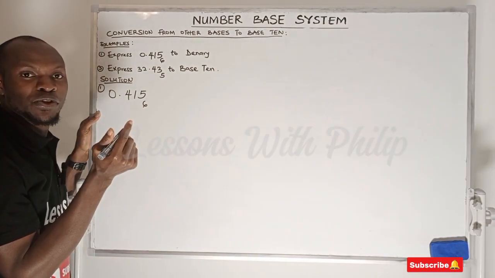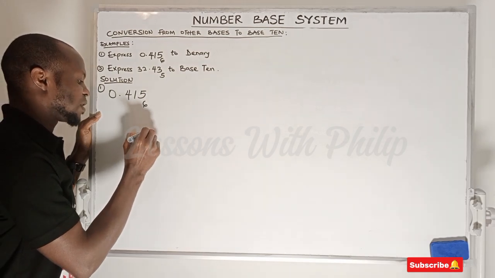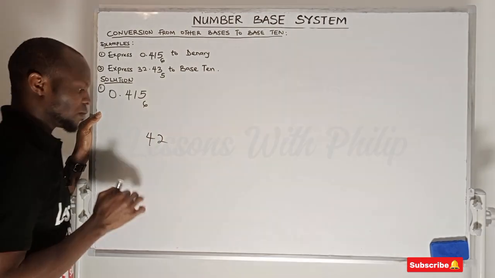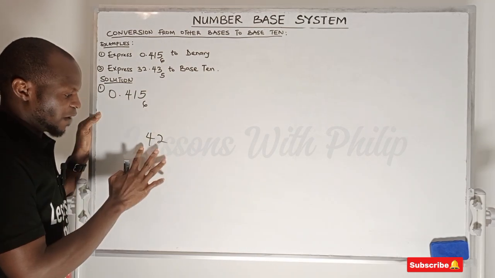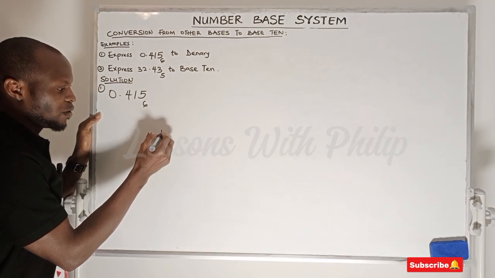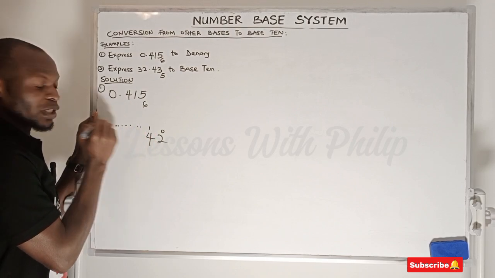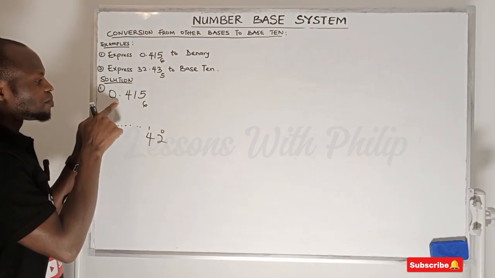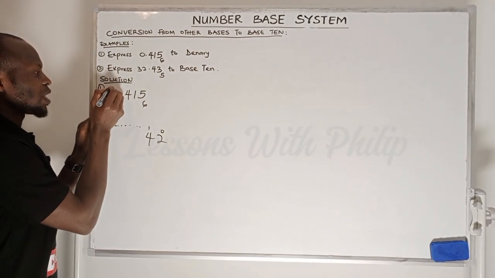So what we are going to do is, in our previous example, we said if you have to convert 42, for example, this is a whole number. This is a decimal number. If you have to convert this whole number, we start from the rear. This will be given base 0, base 1, and so forth. But in this case, the number that is the whole number will be attributed 0.